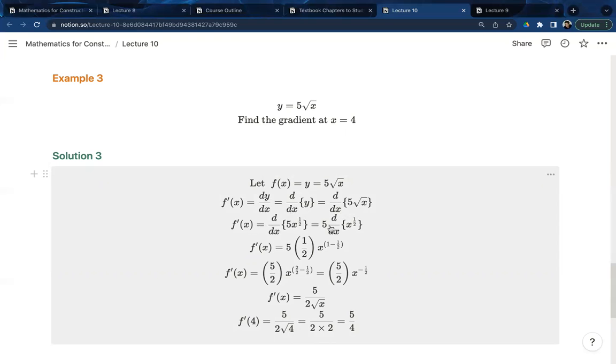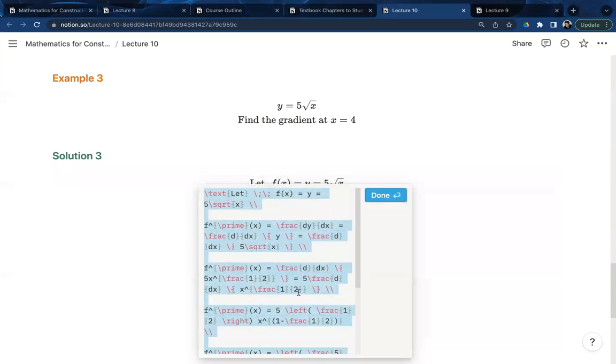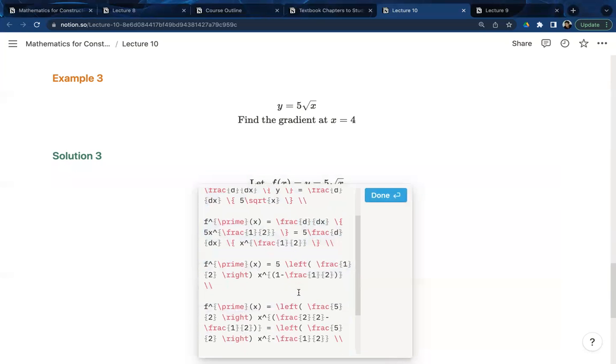You pull out the 5 because it's a linear operator and you just apply the rule. You take the power half, you multiply by the function, and then you change the power by subtracting 1 from it. This is supposed to be a half minus 1 actually.